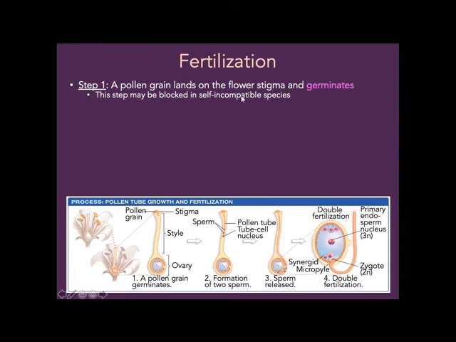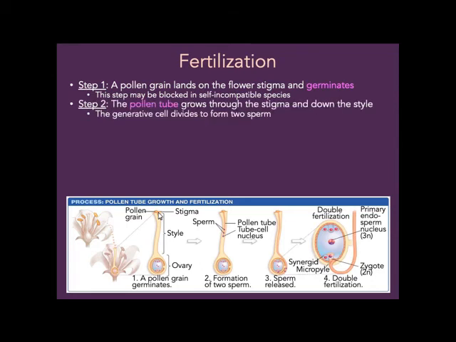All right, so this is what fertilization looks like. So first the pollen grain lands on the flower stigma and it germinates, meaning it starts growing. Sometimes if you have a species that's self-incompatible, there's a mechanism in place to prevent the plant from reproducing with itself. That step may be blocked, so the pollen may land, but it may not be able to germinate.